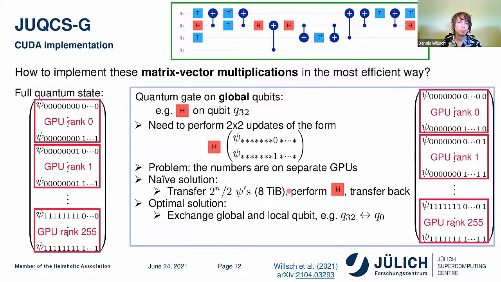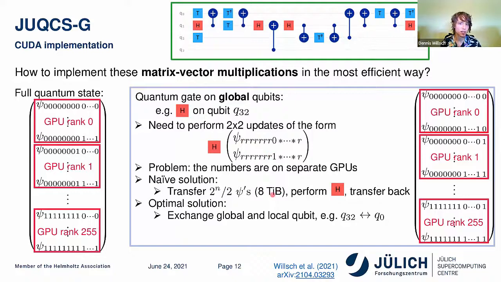So let's say we've done this swap now. You see that the first GPU, GPU 0, now contains all the numbers which have a 0 here and a 0 at the very last one. So the qubit Q0 here has become a global qubit because it takes part in identifying the GPU number. And now we can combine the complex numbers.